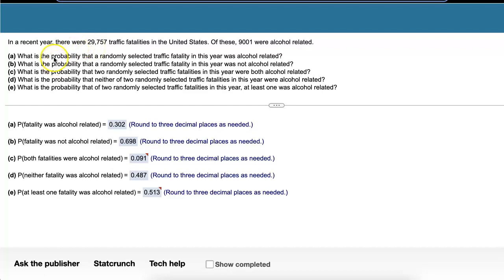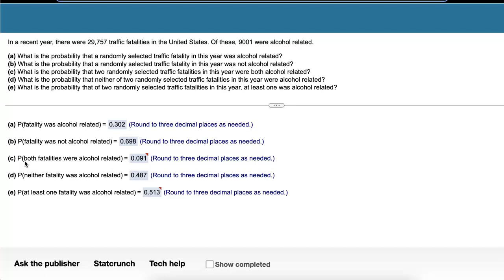And that was done correctly in parts A and B, finding the probability that a randomly selected fatality is alcohol related or not. So here and here. The difference in part C is that now you're looking at 2 randomly selected traffic fatalities in 1 year.